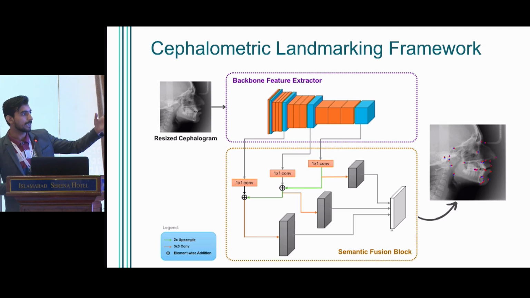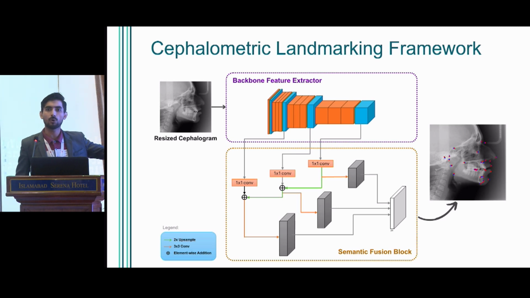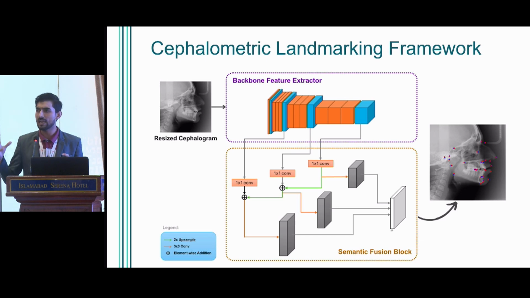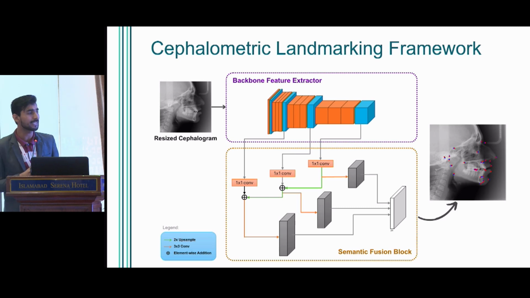You can see there are two parts in our CNN model. The first part is referred to as a backbone feature extractor. This backbone can be any proposed state-of-the-art CNN model. The proposed architecture has the flexibility to take another backbone, just fit it in, and the architecture will start predicting the landmarks.